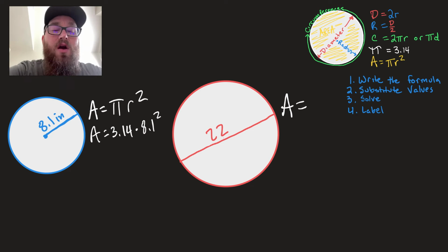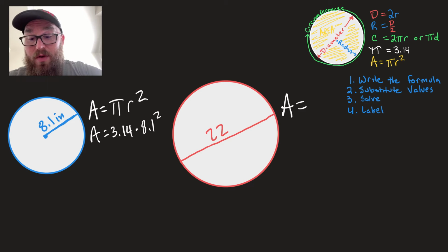And I suppose it's hard on your end to write the squared part, so you could do 8.1 times 8.1. I just want to make sure you are substituting the radius correctly. Solve that problem, have a correct label. Remember, in this case, it should be inches squared.